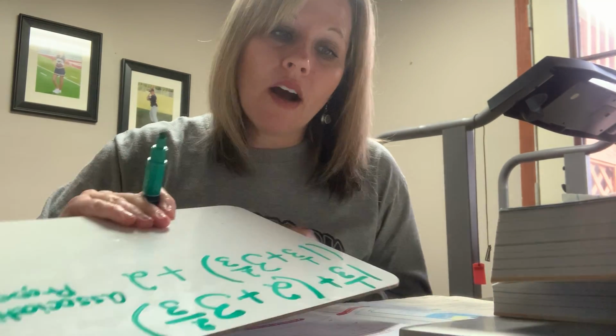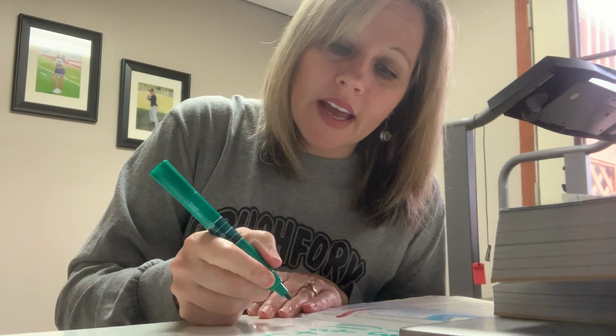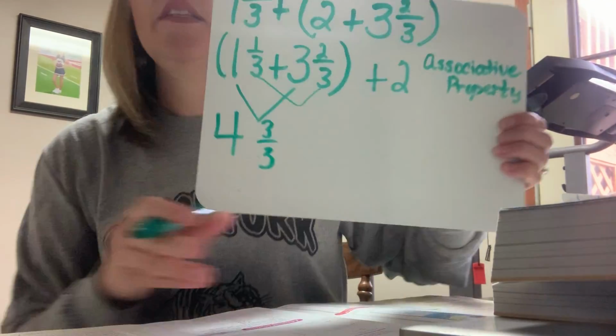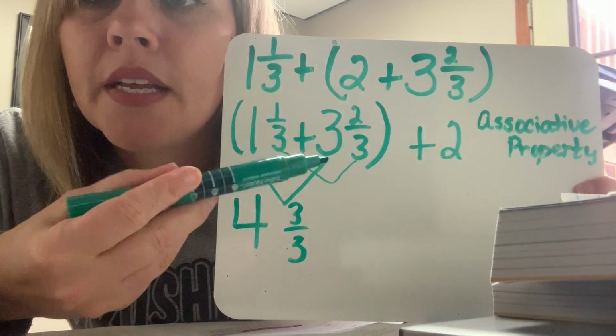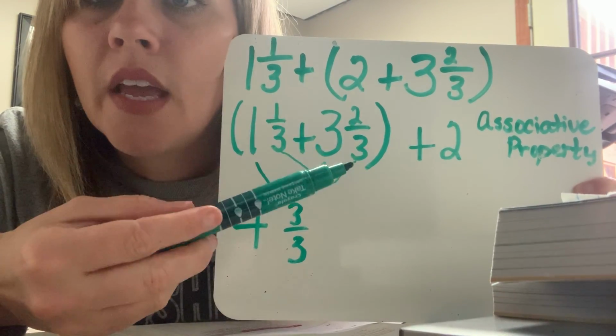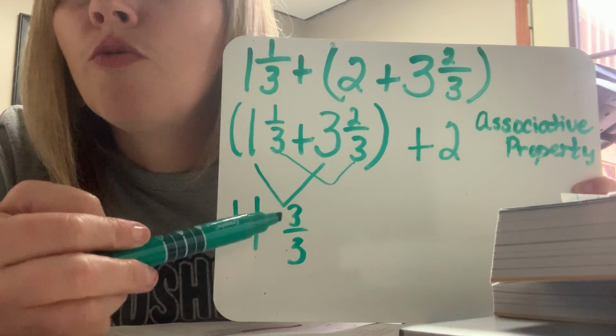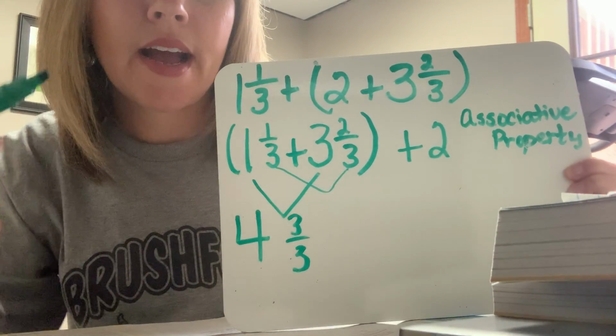Now I'm going to add. Below this, I'll show you that 1 plus 3 gives me 4, and then my 1/3 plus 2/3 gives me 3/3. Can you see what Miss Cundiff is doing? So 4 3/3 is the same thing as what, guys?